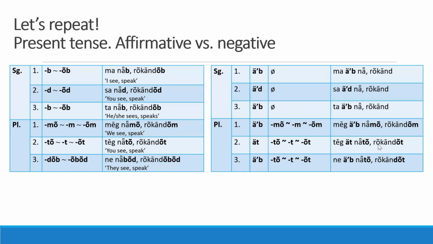And here you have to notice that the paradigm is somehow the widest. There are more variation or different forms, of course, in the present affirmative, which is somehow logical. And right away when we move to negative or to past, you see that the system has less variation.